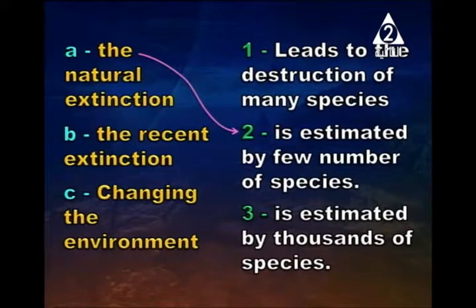However, the recent extinction is estimated by thousands of species, because it occurred vastly and because of the intrusion of man in nature. So it got many of these species and killed them. Changing the environment, the one here which is left, leads to the destruction of many species.